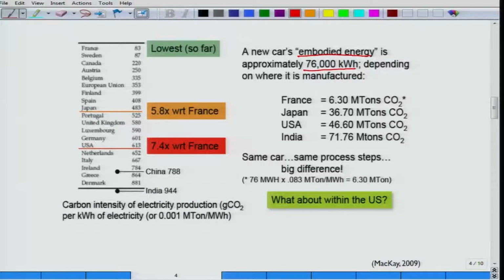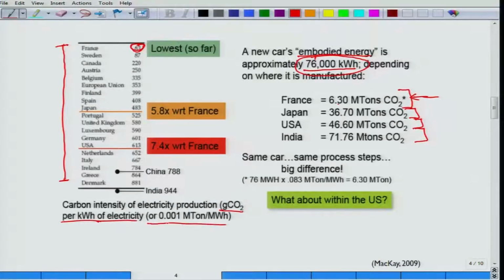Now, we have various qualities of energy here. This is how electricity is produced. So, it depends upon how electricity is produced, right. In France, it is 83 grams of carbon dioxide that is produced to produce 1 kilowatt hour of electricity, right.